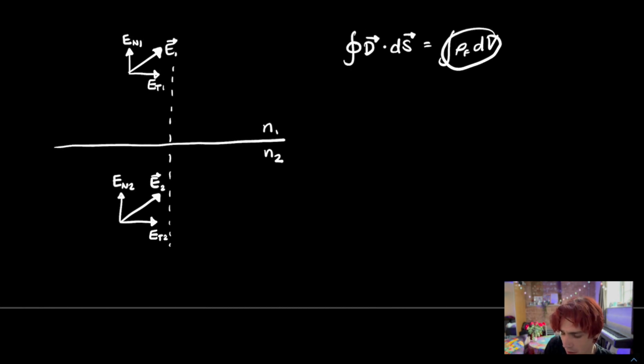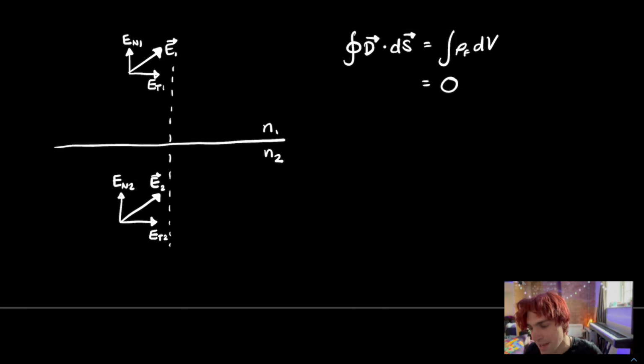What is the free charge in the system? Well, the answer is 0. There is no free charge whatsoever in either of our media because we're not considering a metal. We're considering a material where electromagnetic waves can propagate. So we know that the closed integral of D dot dS is equal to 0 right here.